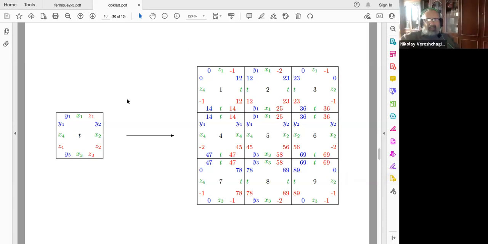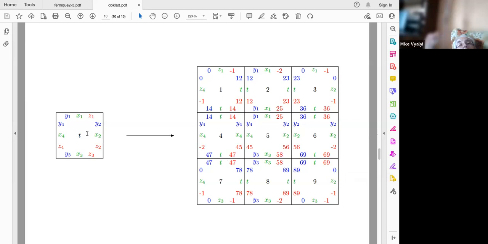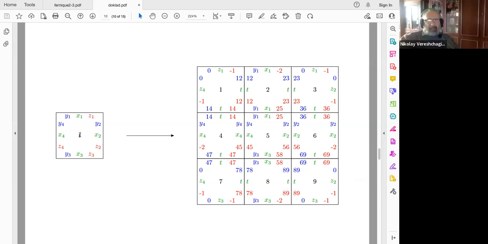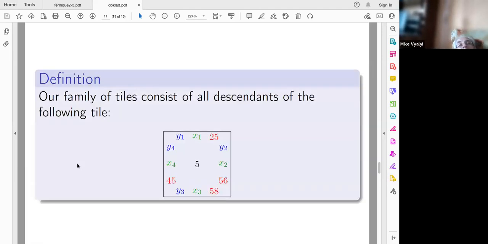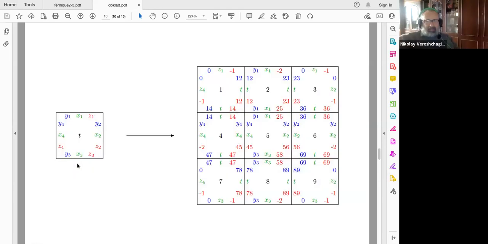This tile is its own parent. So that's simple. Let's see. Assume that we have here 5. Now consider this central tile. It has 45 on the left. Please show the next slide with this. You see?